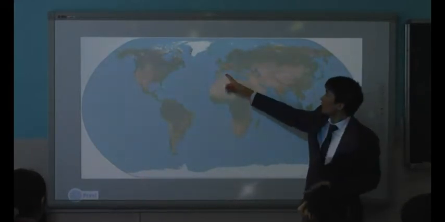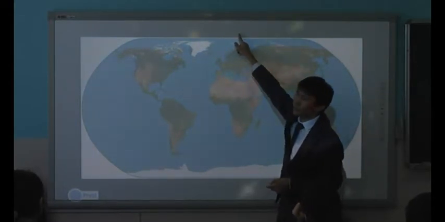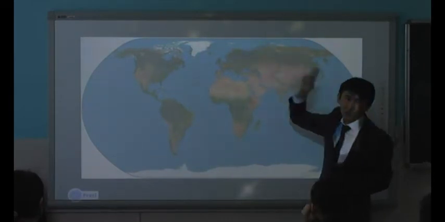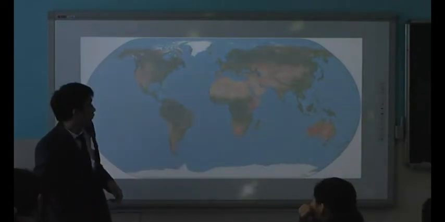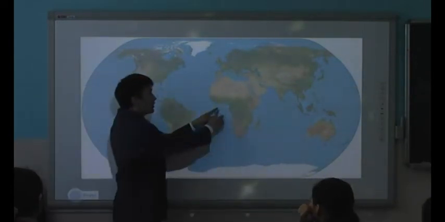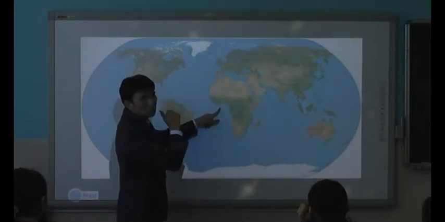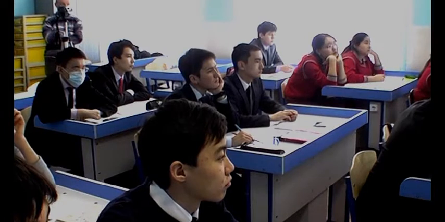As you see, when we look at this map, we see numbers with degrees. What do these degrees mean? For example, 20 degrees to the east and 20 degrees to the north is here.